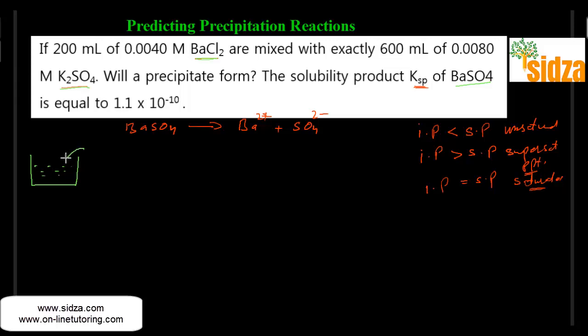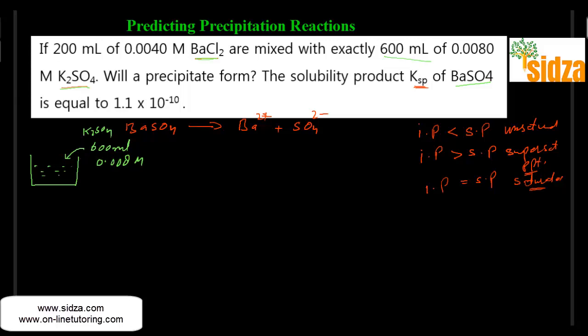Let's say we add 600 ml of potassium sulfate, K2SO4, and the concentration is 0.008 molar.